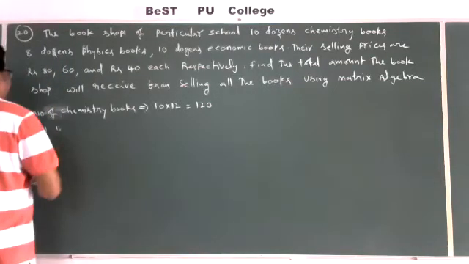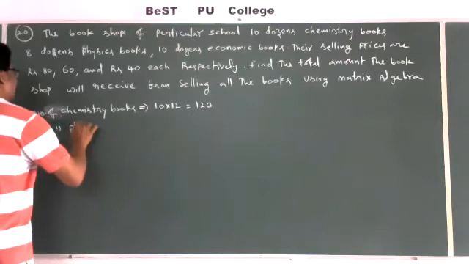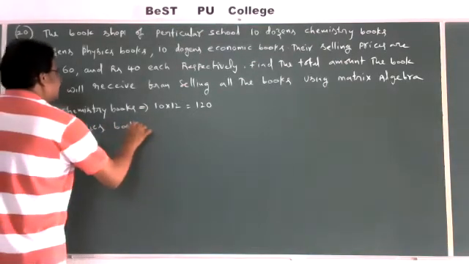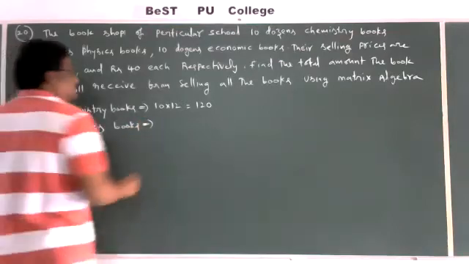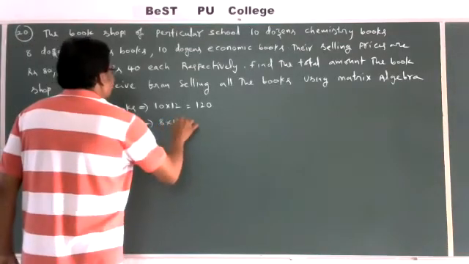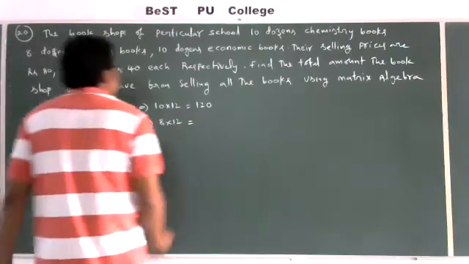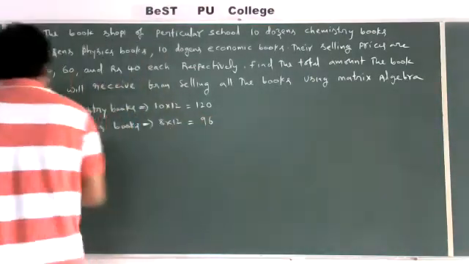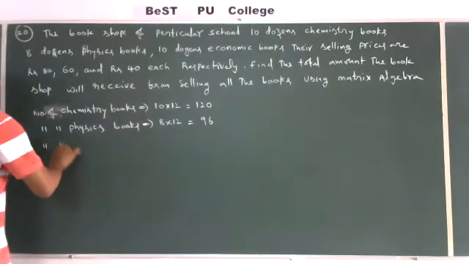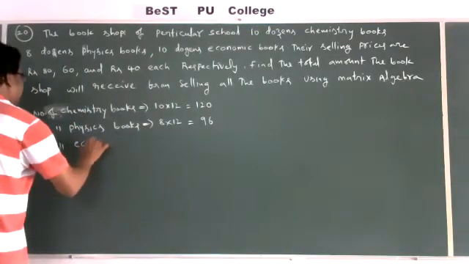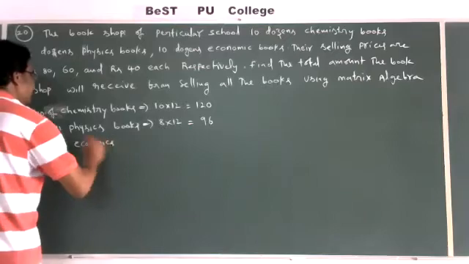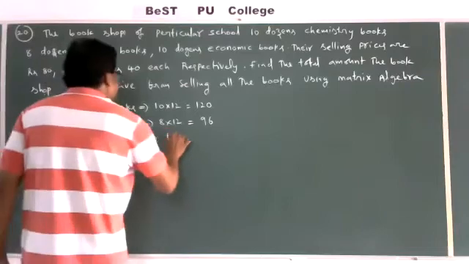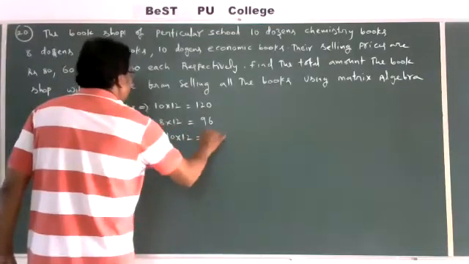The number of physics books is 8 into 12, 96, and the number of economics books is also 10 into 12, 120 books.